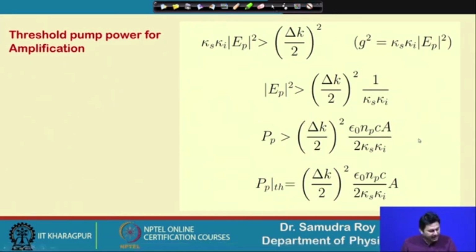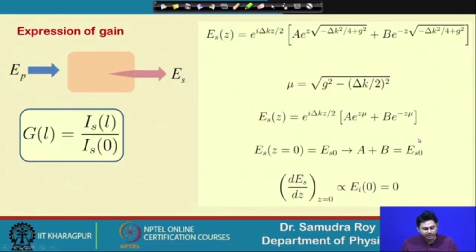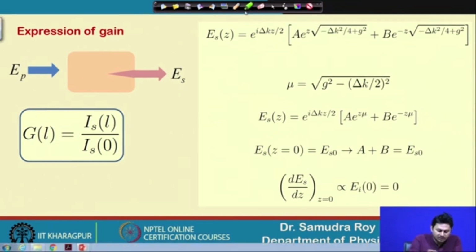Well, after having the expression of this pump, now we try to find out what should be the expression of the gain that we are talking about. We are launching some kind of E p and generating E s. The gain means the ratio of the intensity or power at z equal to L, where it has been amplified, to the value at the initial point, z equal to 0.